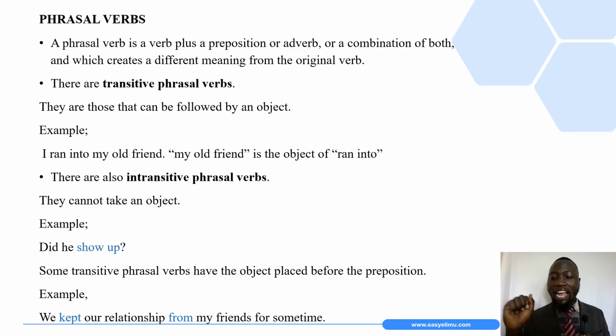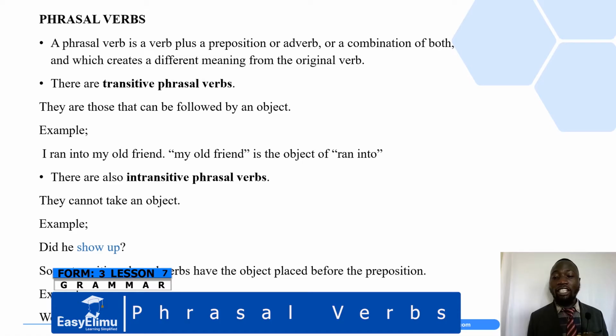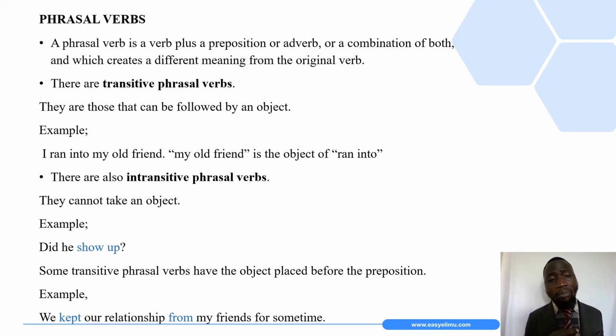That is, they are action verbs that have a direct object. And remember, direct objects are the receivers of the actions, while intransitive verbs are the verbs that do not require a direct object to make sense. They can make sense without direct objects in a sentence.